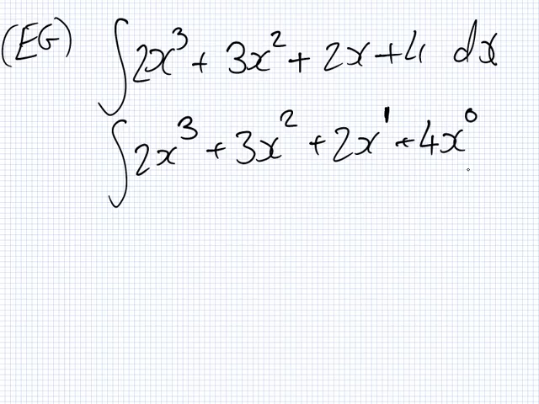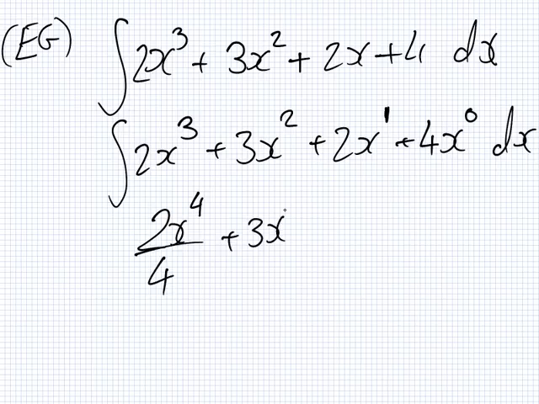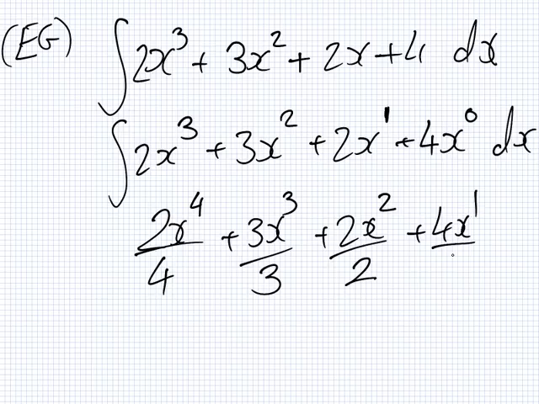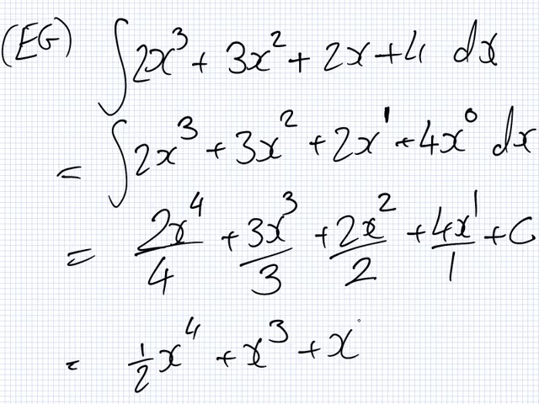It's like x^0. So remember the rule, we increase the power by 1 and divide by the new power, each time, plus c. So we have a half x^4 plus x cubed plus x squared plus 4x plus c.